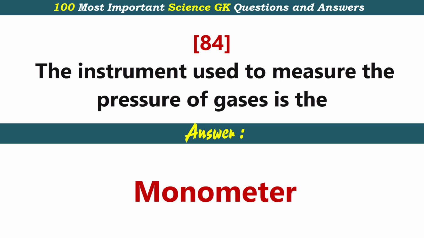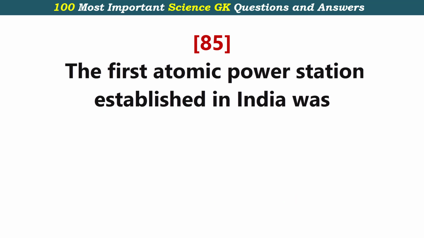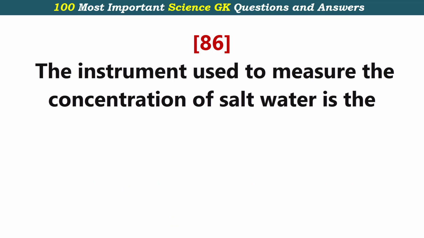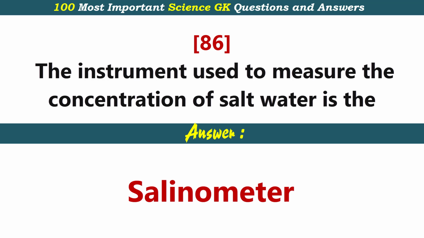Answer: Manometer. The first atomic power station established in India was? Answer: Tarapur Atomic Power Station. The instrument used to measure the concentration of salt water is the? Answer: Salinometer.